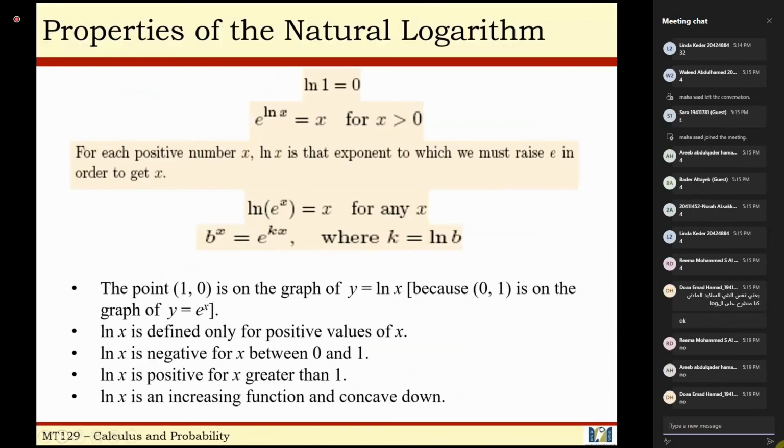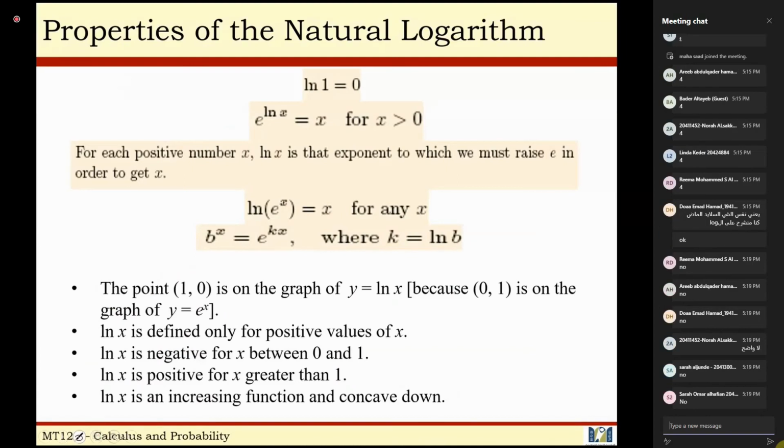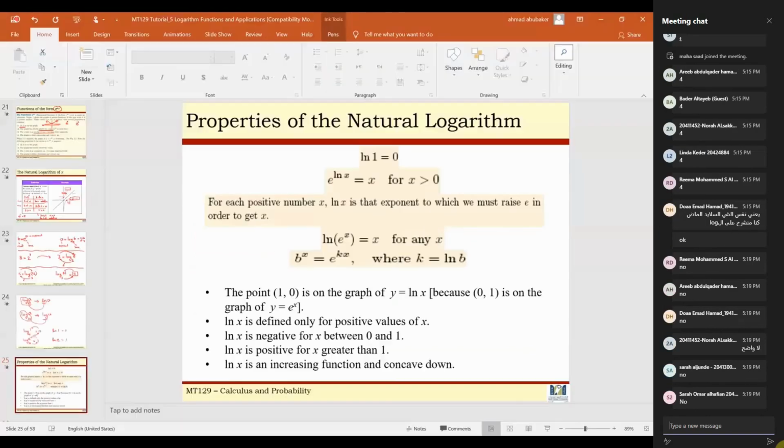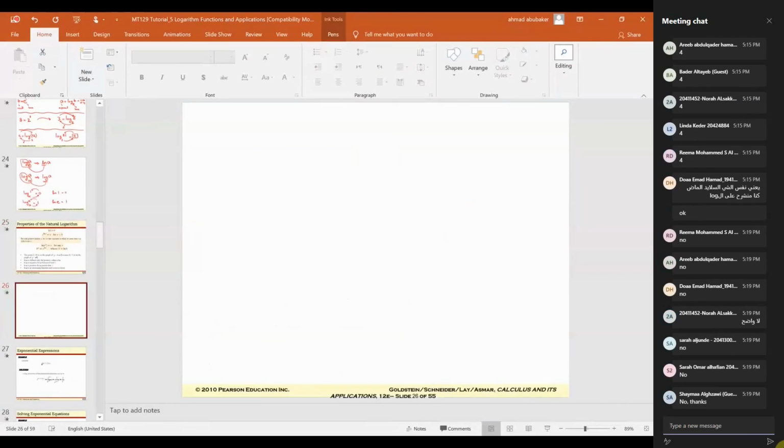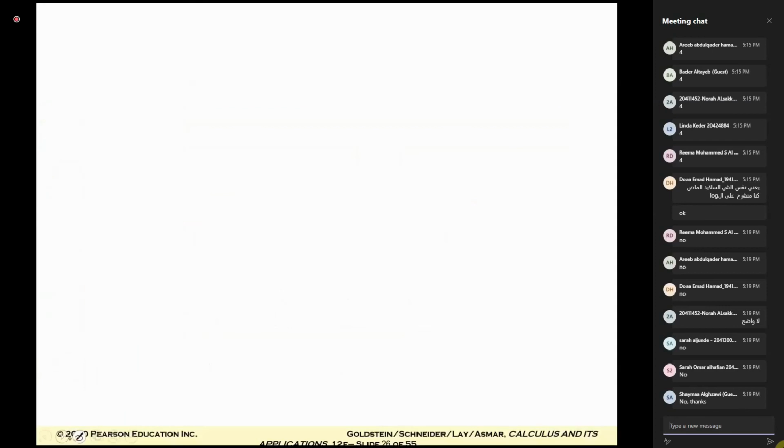Now we have some properties. I put them as a summary in the slide. To summarize these properties, we can conclude ln e equals 1, because this is logarithm e to base e, so e to the power 1 equals e, and ln 1 equals 0, because e to the power 0 equals 1.